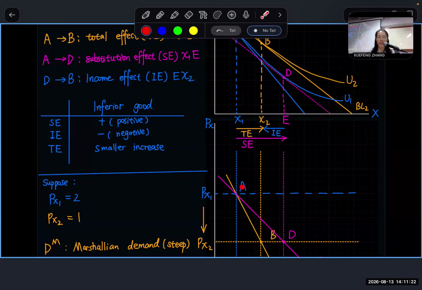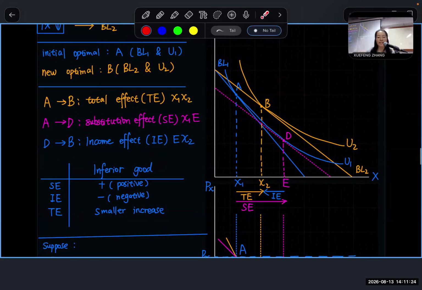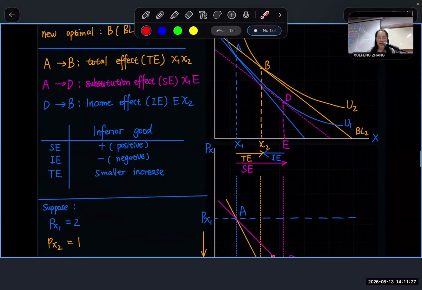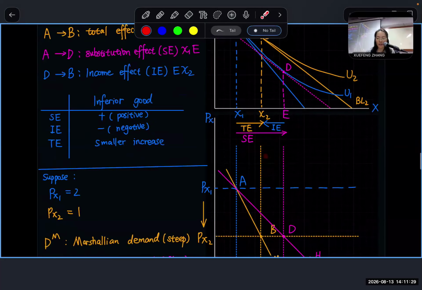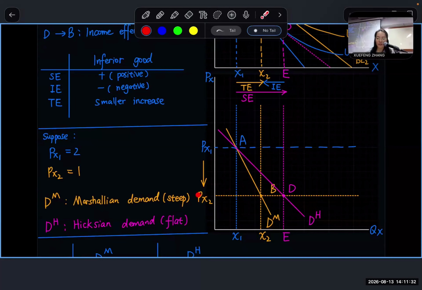So this is point A. And point B is after the price decreases, so you need to label it at price of X2, because this is the new price. So remember, point A intersects with the original price. Points B and D intersect with the new price. Then you connect AB, you get the Marshallian demand. If you connect AD, you get the Hicksian demand.